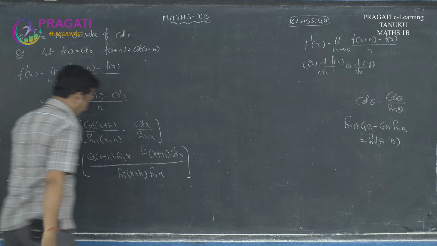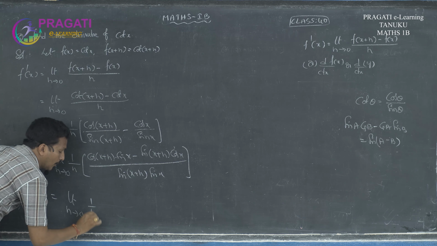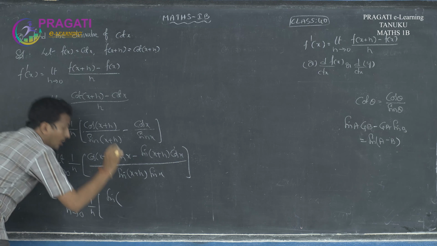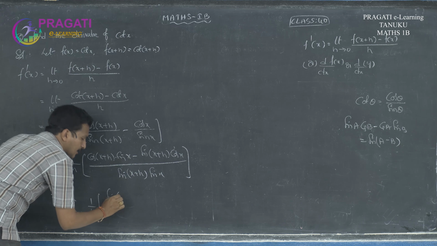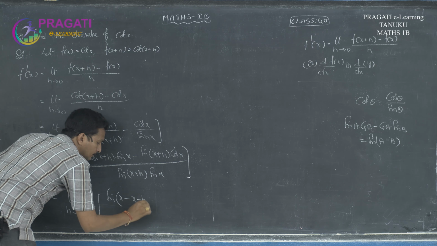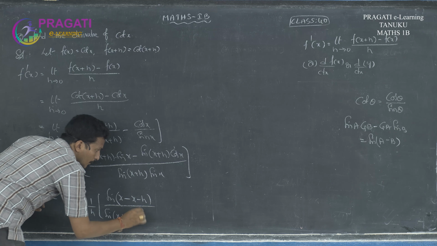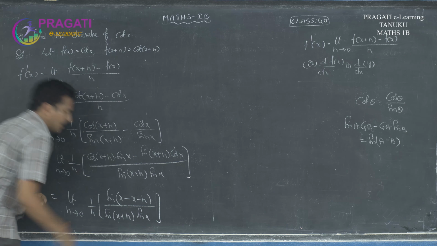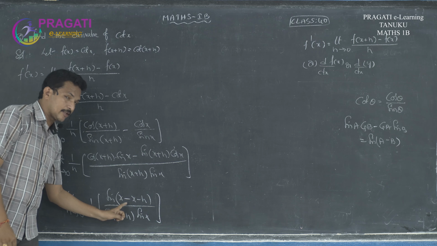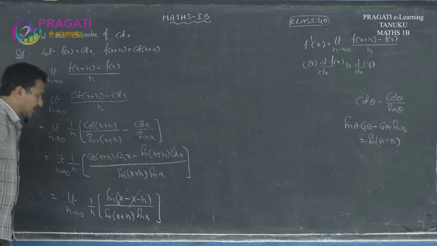So to write limit h tends to 0, 1 by h into sin of A means x minus B means x plus h. Minus of x plus h can be written as minus x minus h. Here x minus x is cancelled.